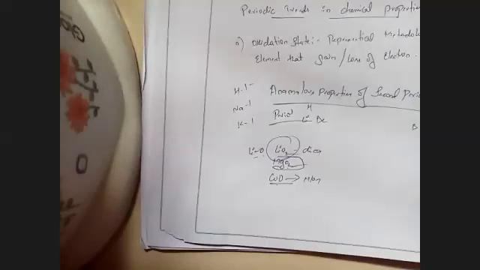Because of that, it shows anomalous behavior. Each element shows different categories and zones of properties. That is called anomalous behavior. Got it? Do you understand what anomalous behavior means? It shows different properties, there are no similar properties. That is called anomalous behavior.